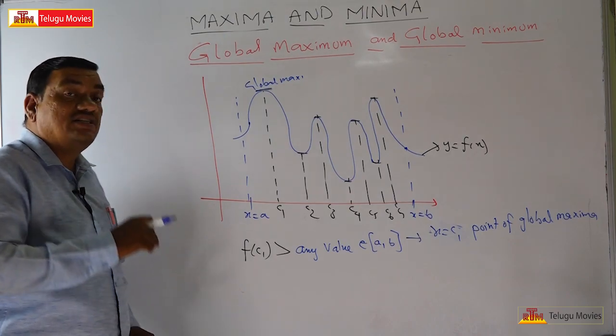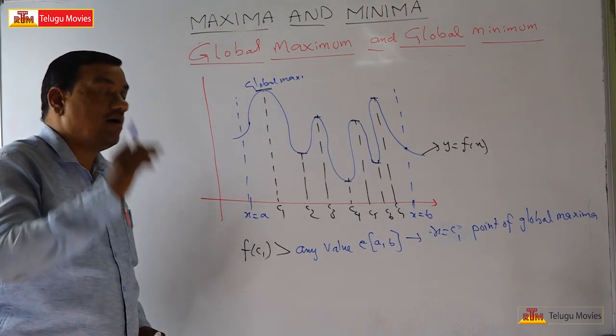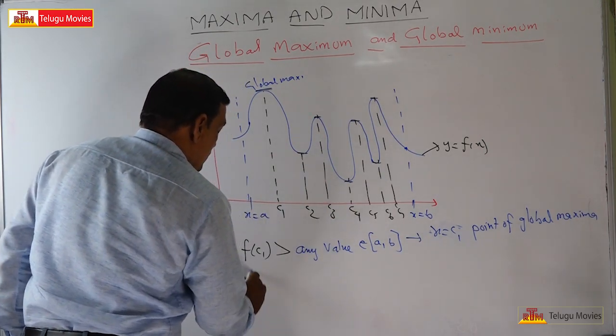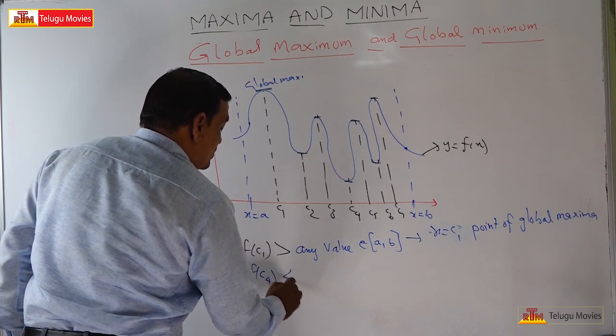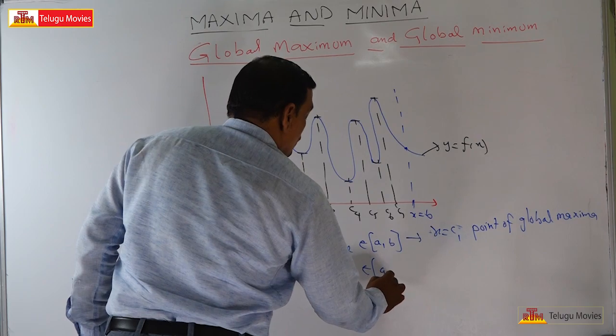That's why x is equal to C1 is called the point of global maxima. Now see here, f of C4 is less than any value belonging to [a, b].